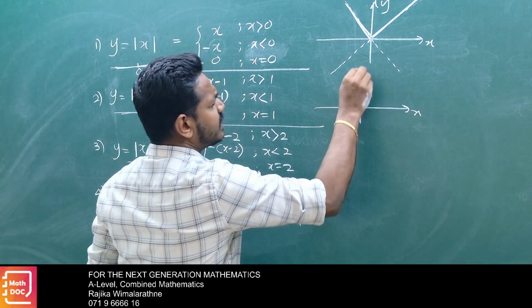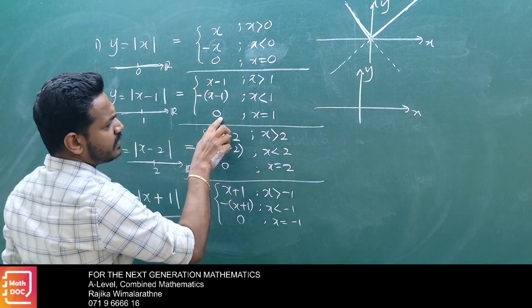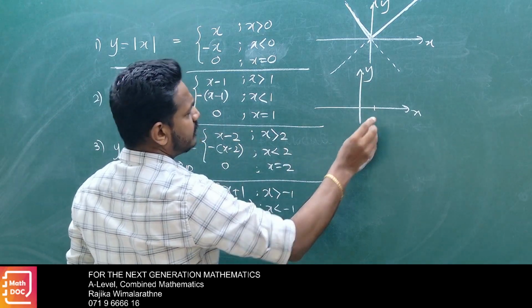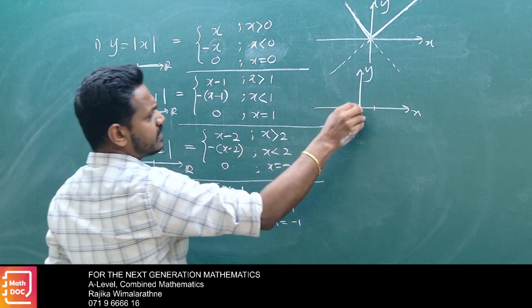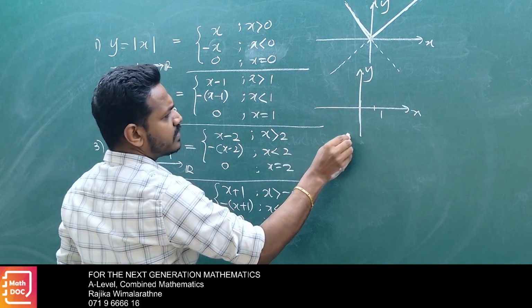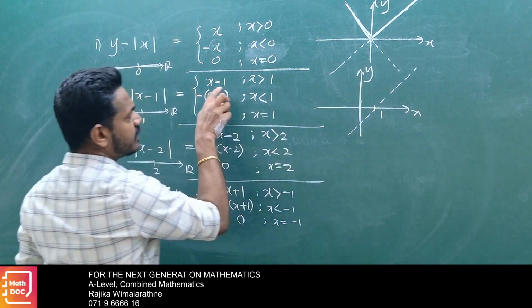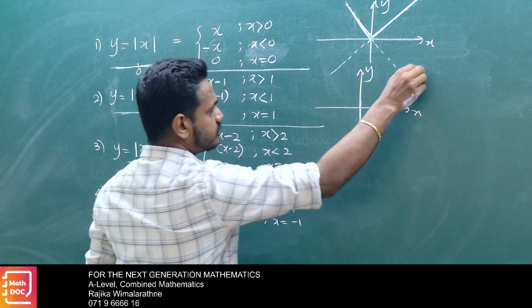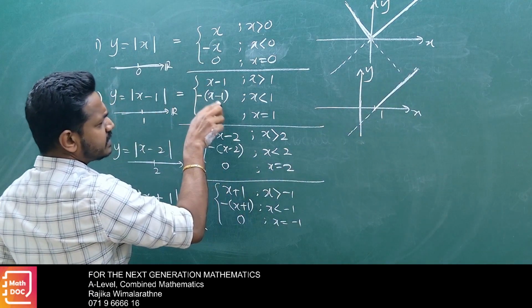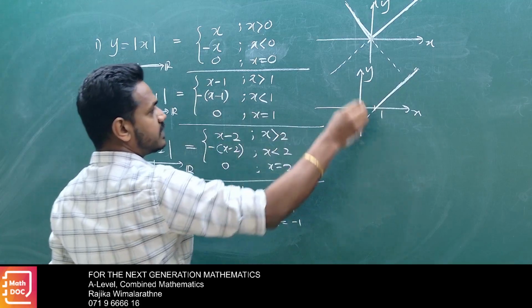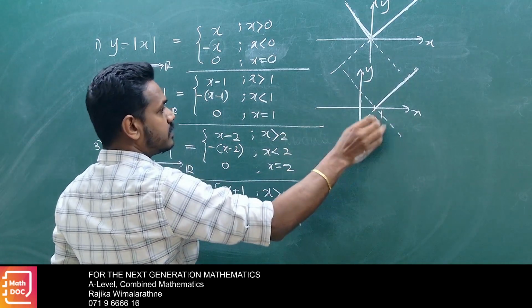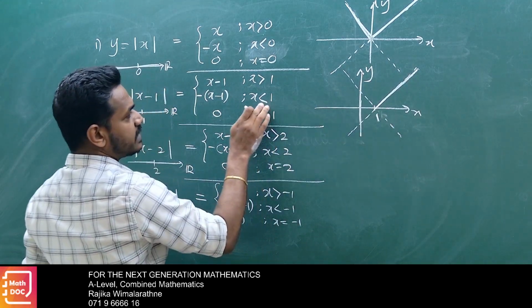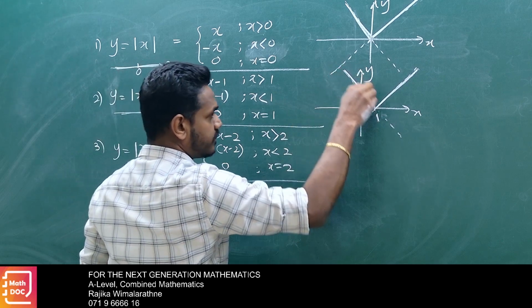Here take x-axis, y-axis. Here the 1, 0 point, mark it. Here y equal x minus 1 for the greater than 1 region, for this region. Y equal minus x plus 1 is for the less than 1 region, for this region only.